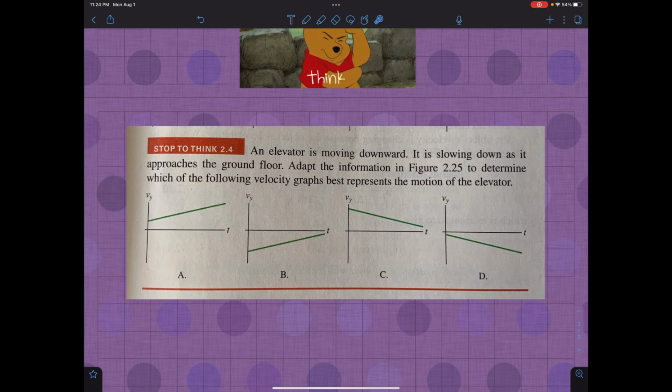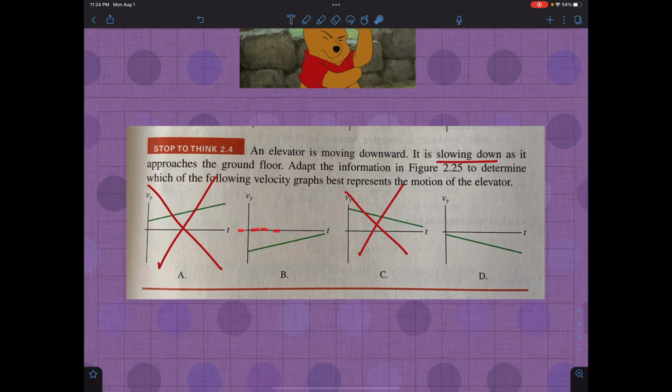So first we need to decide, is the velocity positive or negative? So since it's moving downward, by convention, it's going to be negative or below the baseline of 0. So I can automatically eliminate this one and eliminate this one because those are both positive velocities. Now it tells us that the object is slowing down.